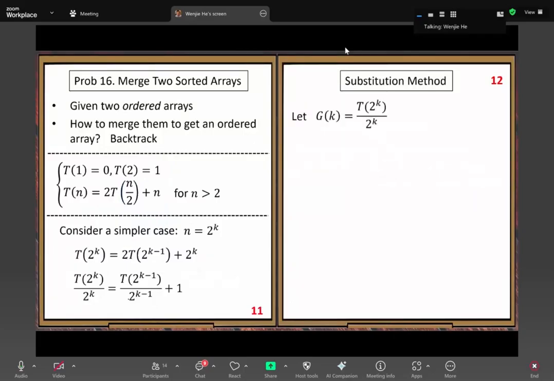By substitution, the new equation is g of k equals g of k minus 1 plus 1. So much simpler. You don't have those fractions and denominators. So we want to find the g function first. If you can find the g function, then the T function comes out immediately.